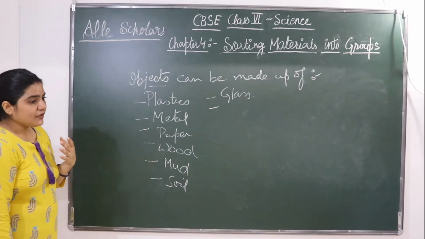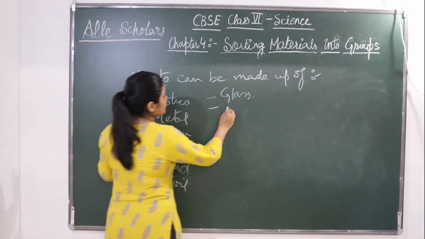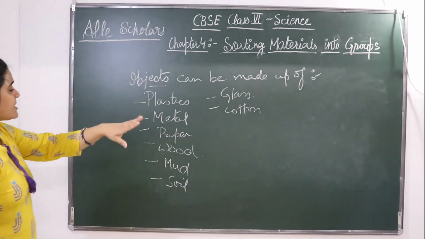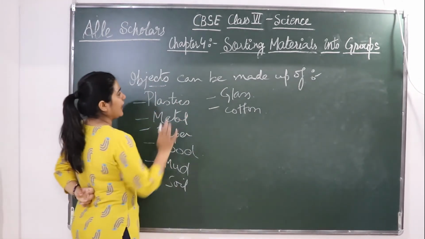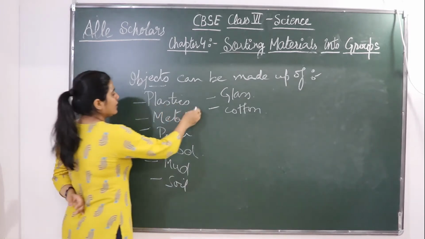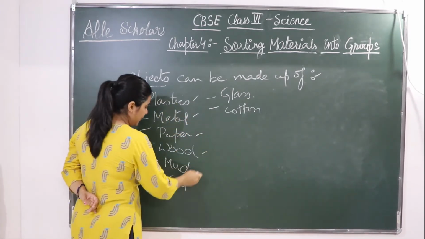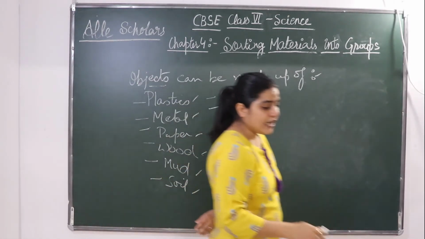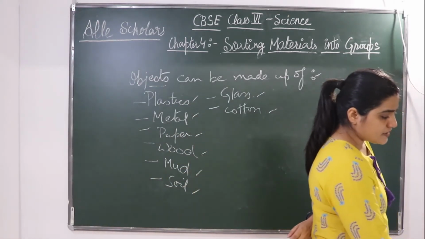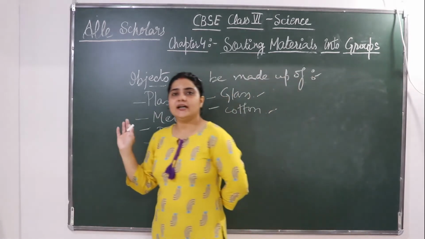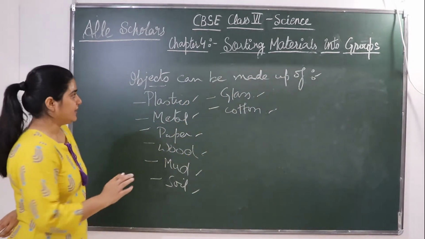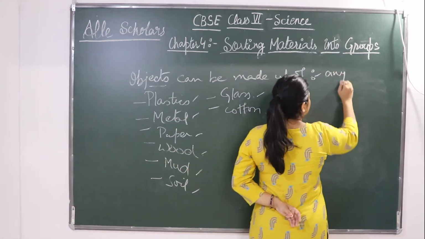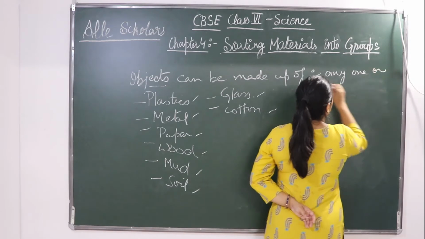Or cotton. So objects can be made up of any one material, okay, plastic, metal, paper, wood, mud, soil, glass, cotton, or sometimes more than one material is used. Okay, so objects can be made up of any one or more materials.